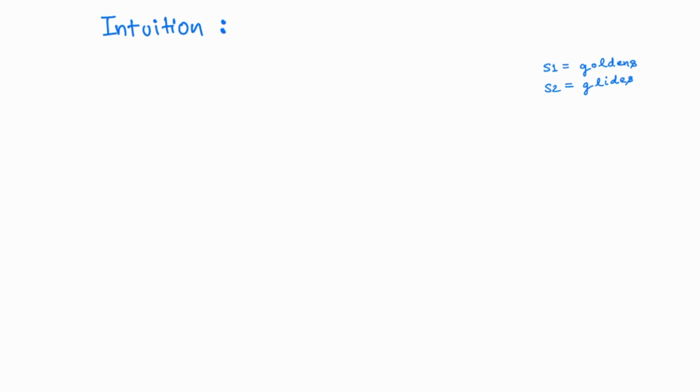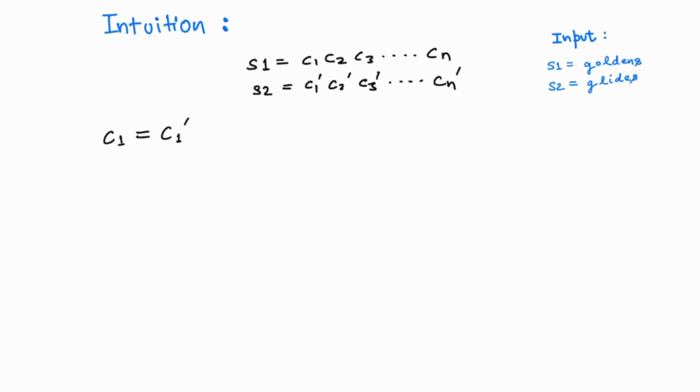Now let's first zoom into the case where the first characters were matching. Let's see how we should think about it and how we should approach the problem. Now it's very easy to see that if the first characters of both the strings are matching or they are equal to each other, then actually there is no need to do anything or any operation.